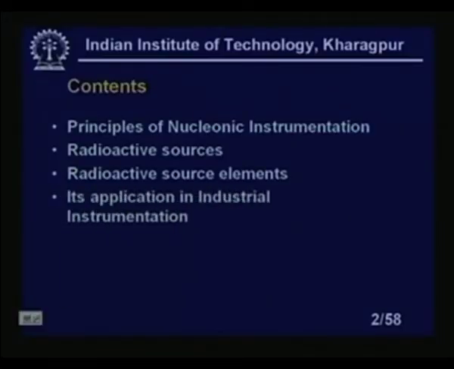Then its applications in industrial instrumentation, that means you will find the level gauge, typical applications of level measurement, and typical applications of measuring the coating of sheets in rolling mills. So there are various applications we will find in this type of instrumentation.